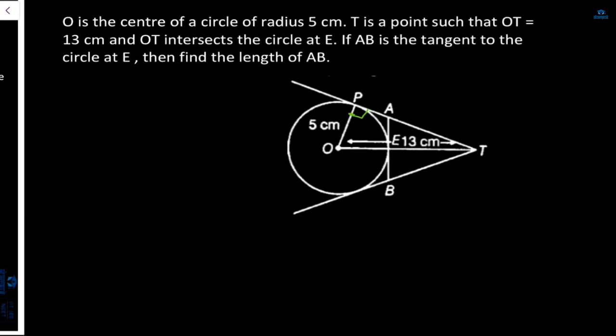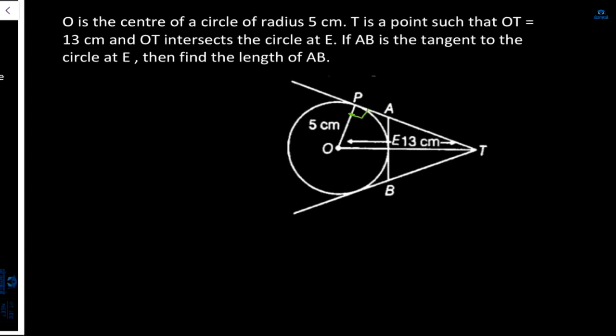So PT will be 12 centimeter. Now PT will be equal to AP plus AT. PT will be equal to PA plus AT. Yes or no? Yes, ma'am, it is true.